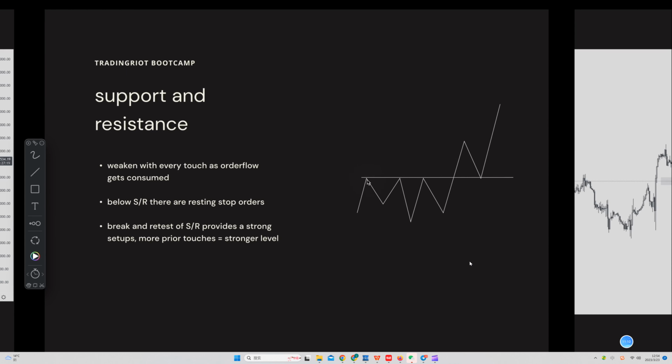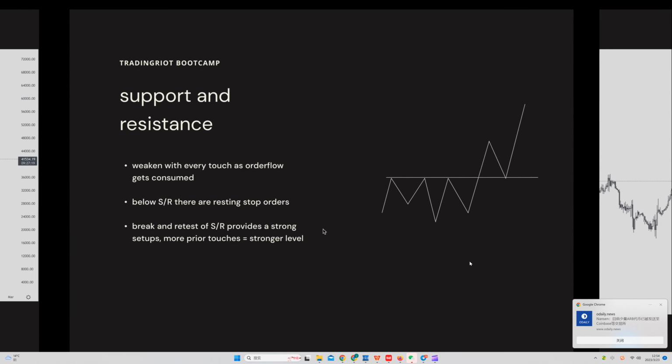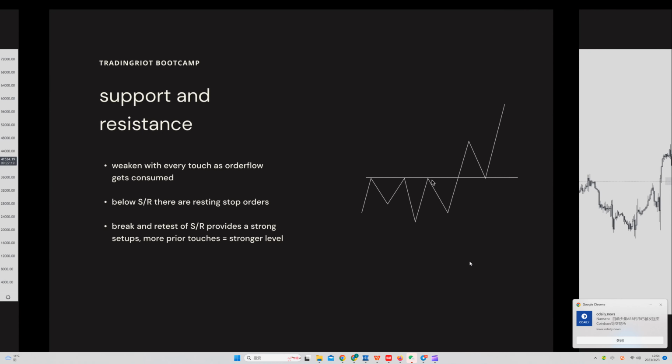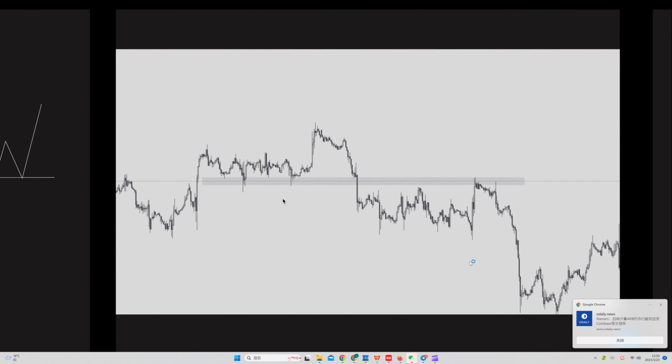So for example, you have this level of resistance, people will place stop buy orders above the level, expecting market will just break it and continue. What will often happen, market will break it, these people will get filled, and then it will sell off down to the downside. Break and retest of SR provides a strong setup. The more prior touches the level had, the better the level is. So simple as that.